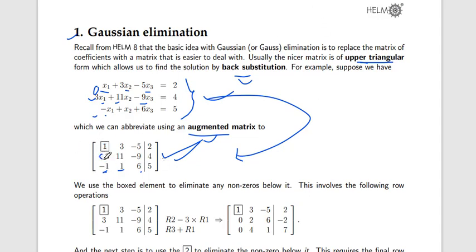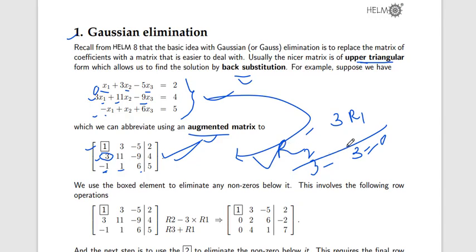Now, how do we do this? The 3 should become 0, so we multiply the first row by 3 and take the difference, R2 minus 3 R1. So this will become 0: 3 minus 1 multiplied by 3, so this will become 0.